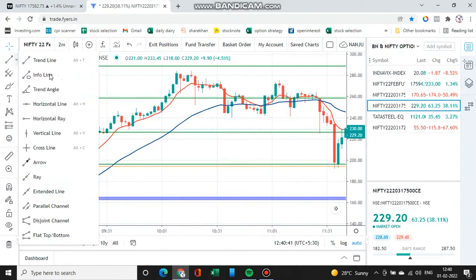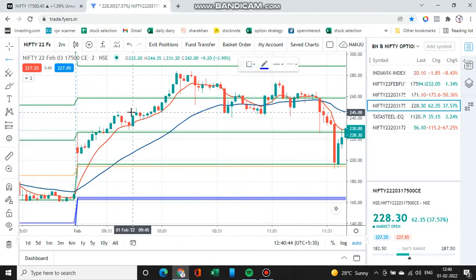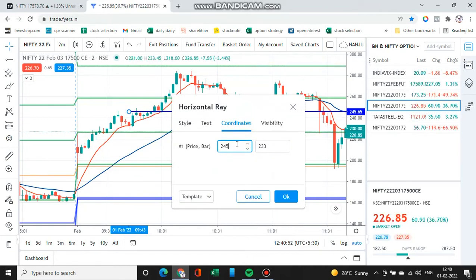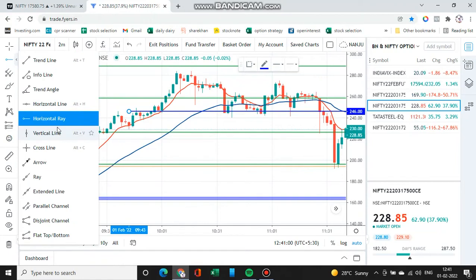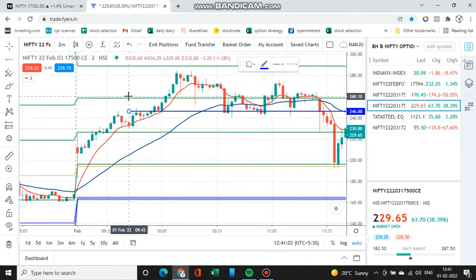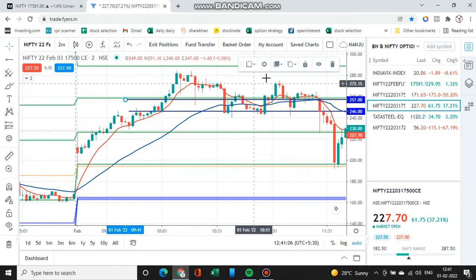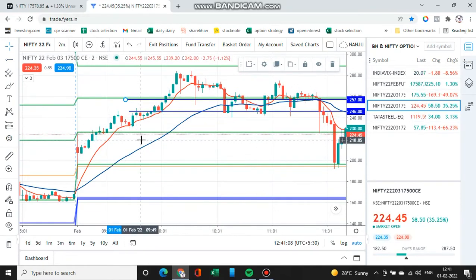Now let me mark here. Let me mark 246. See, 246 to 240, it is 6 points, so the target is 12 points. 246 plus 12 is how much? 258.